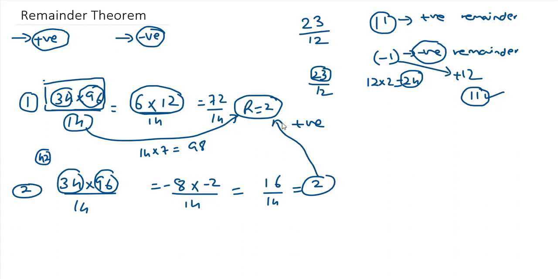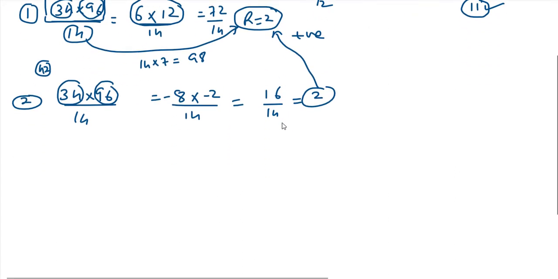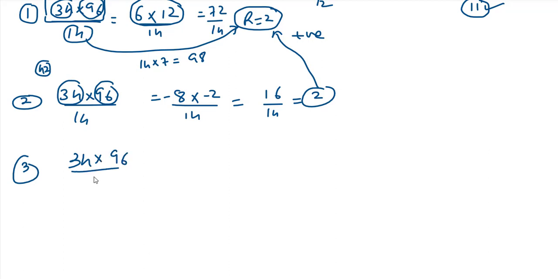Not just that, you can use the combination of positive and negative remainder as well. Let us see how. We'll take the same example, 34 into 96 by 14. So in the first case, we'll take the positive remainder. In the second case, we'll take the negative remainder. So positive remainder when 34 was divided by 14 was 6. And the negative remainder when 96 is divided by 14 was minus 2.